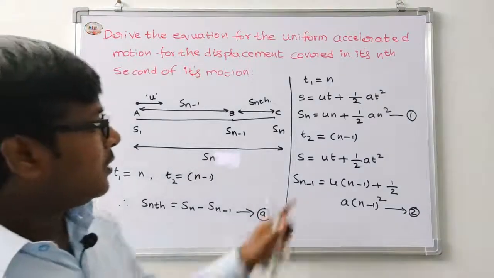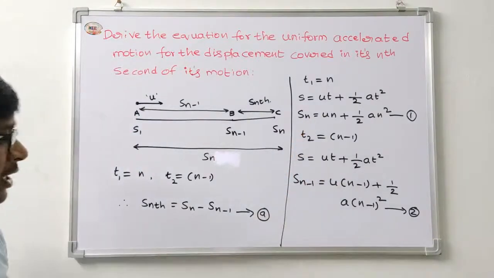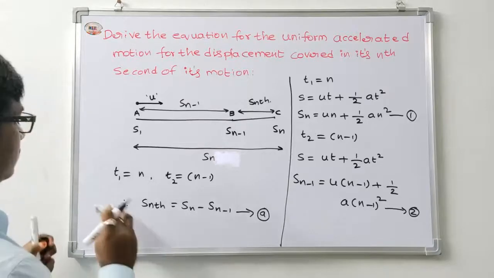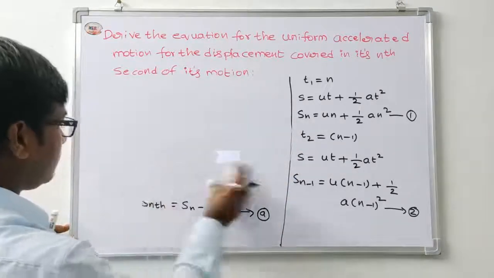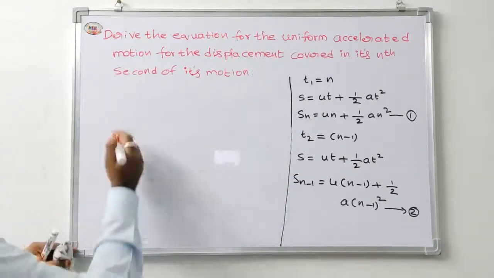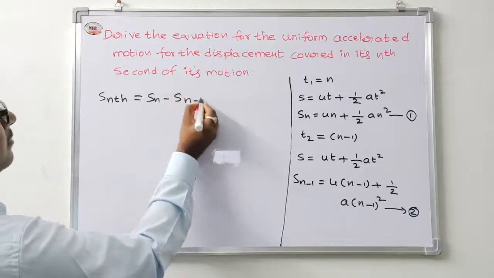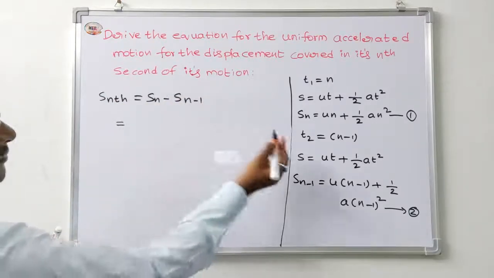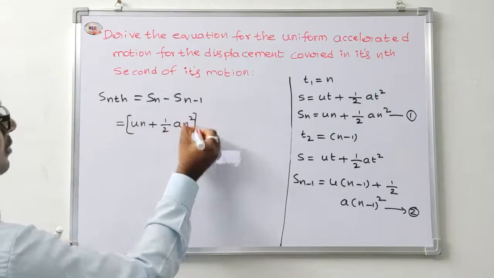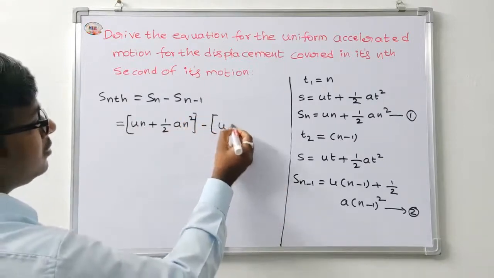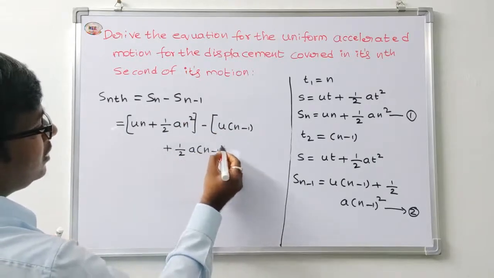Just assume, students, that equations 1 and 2 are substituted into equation A. Snth is equal to Sn minus Sn minus 1, that is, Sn value un plus half an square, minus u into n minus 1 plus half into a into n minus 1 whole square.